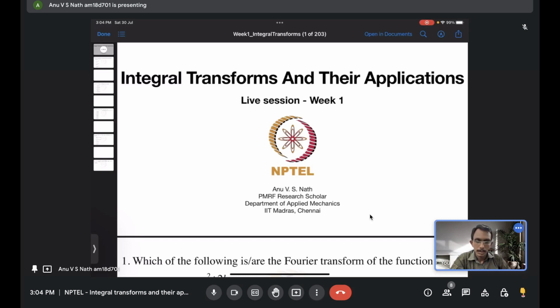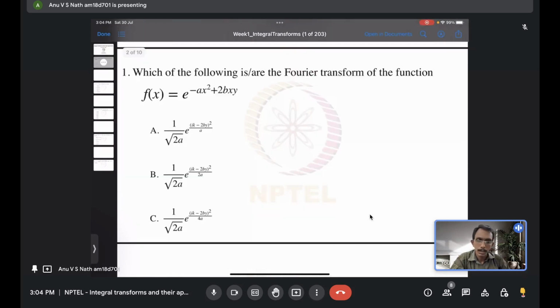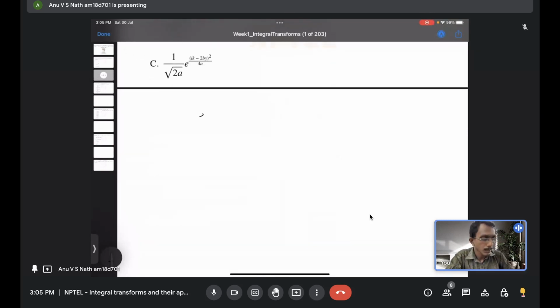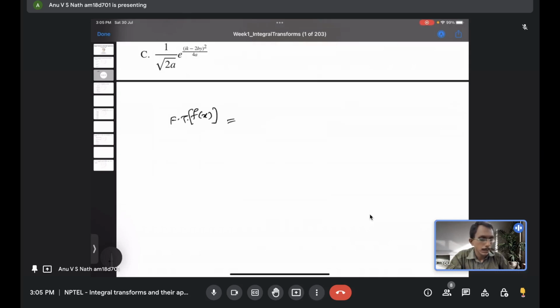So let us start now. I guess all of you know this week's content is about Fourier transforms, and I don't need to introduce it. If we have a function f of x, its Fourier transform, which we may denote as the Fourier transform of f of x, can be evaluated as the integral from minus infinity to plus infinity of f of x times e raised to minus ikx dx.